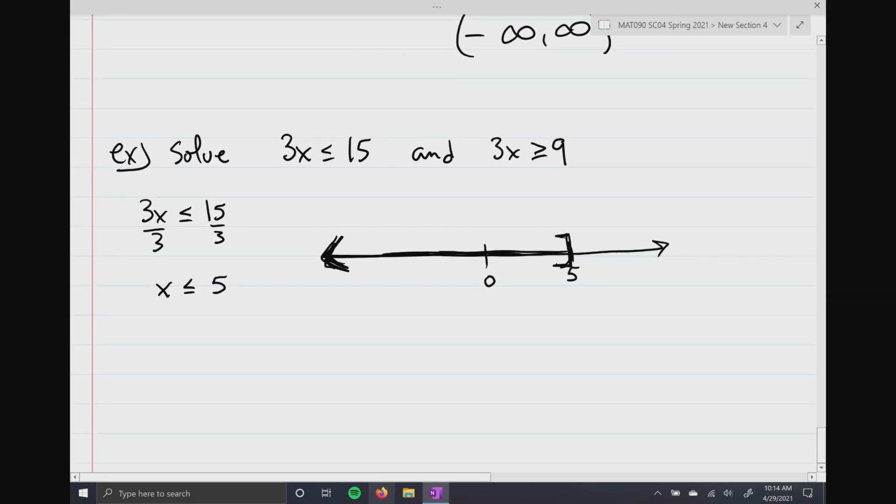The second inequality, I solve that one. Once again, I just divide both sides by 3. That gives me x is greater than or equal to 3. So I graph this.